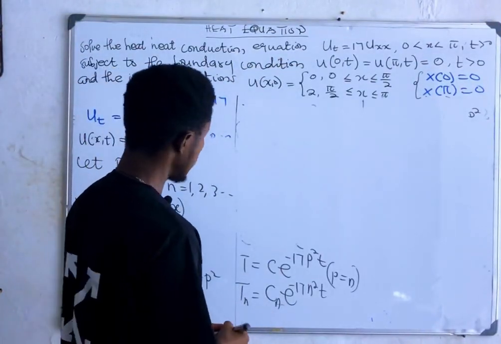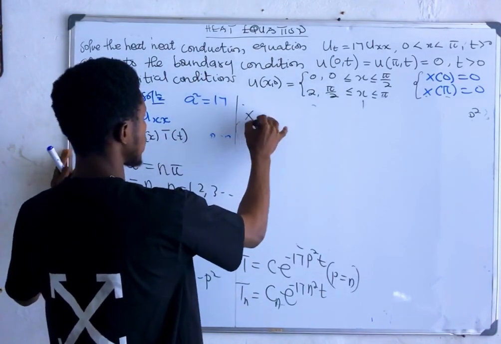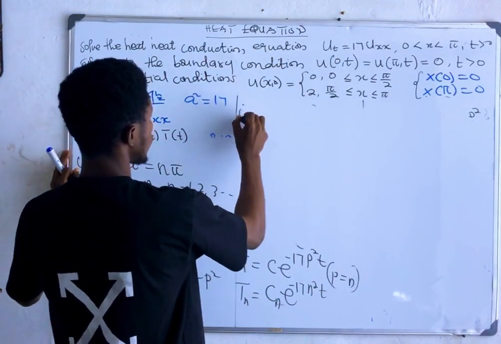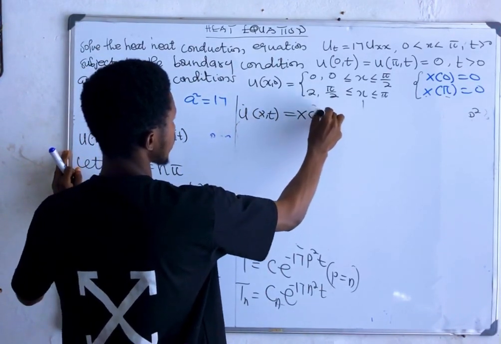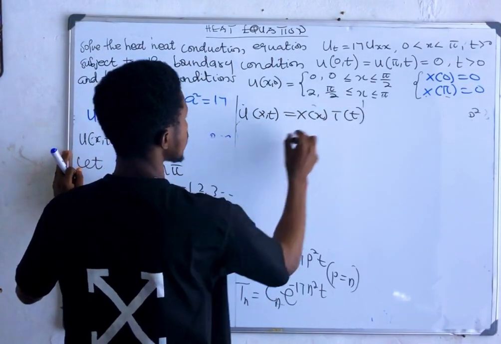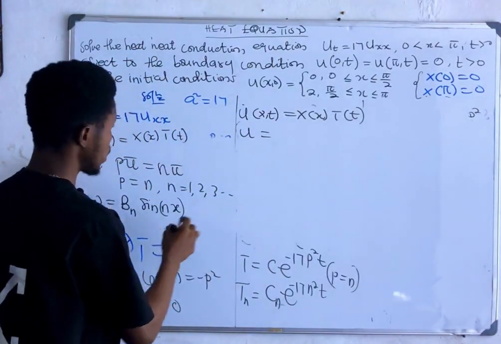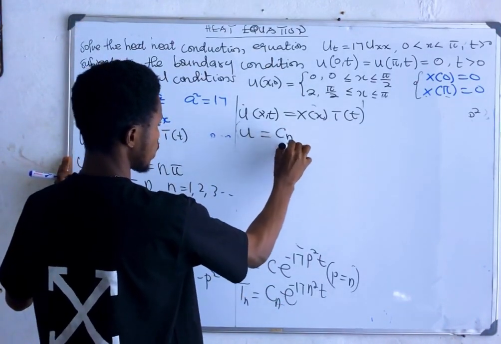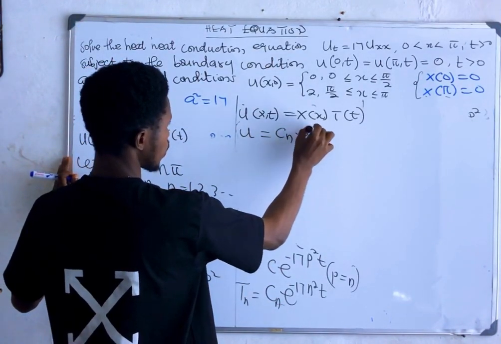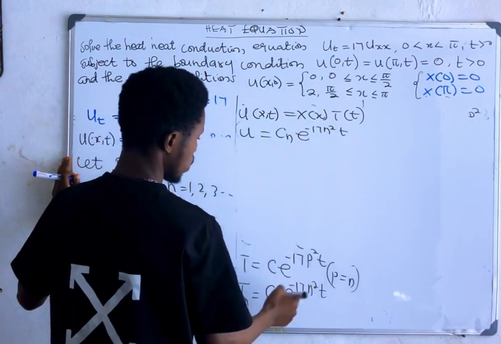So let's combine them. You have u in terms of x, t equals x at x, t at t. So my u will be equal to my x is bn. Okay, let me bring the t first. T is cn e to the power negative 17 n squared t.